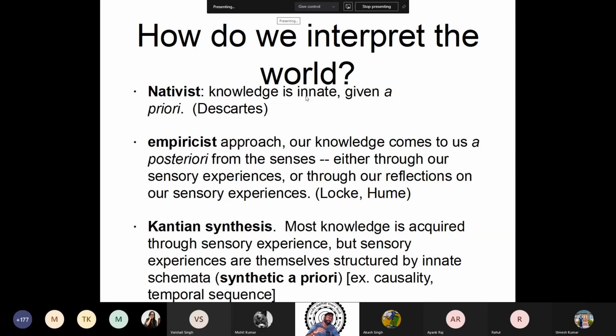So we already have a lot of knowledge about the world. It's also called given a priori. You don't need anything; you already have knowledge about the world. Can anybody give some proofs or counter proofs to this nativist position, whether you agree or disagree with it?